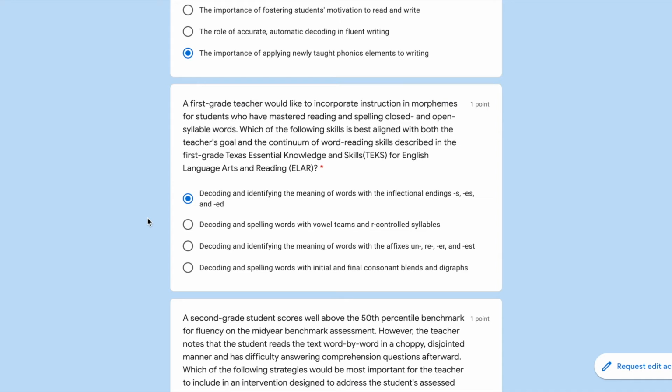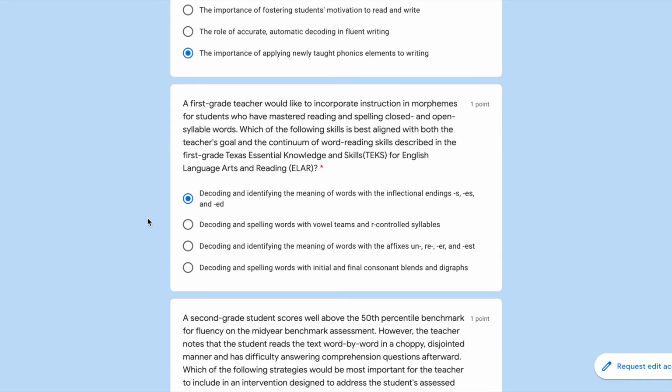So the teacher should teach the students how to apply inflectional endings to words that follow phonics patterns that the students already know how to read. So the teacher can easily explain or demonstrate the meaning of these types of endings, for example, plural markers and past tense markers, in order to see where their students are at so that they can level them up where they should go.